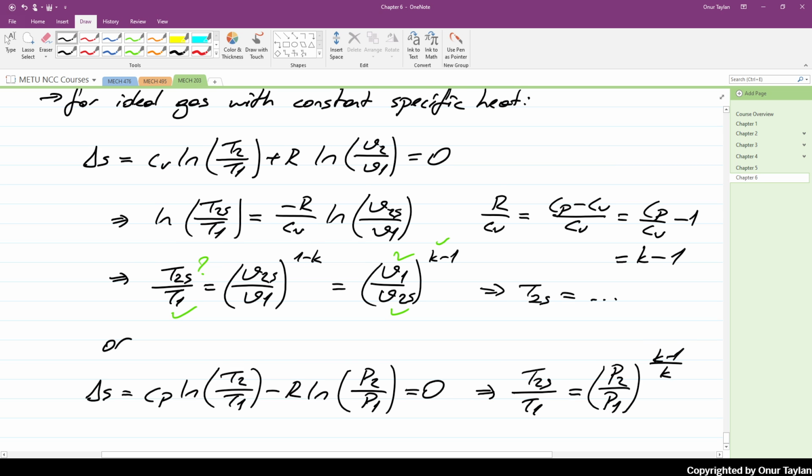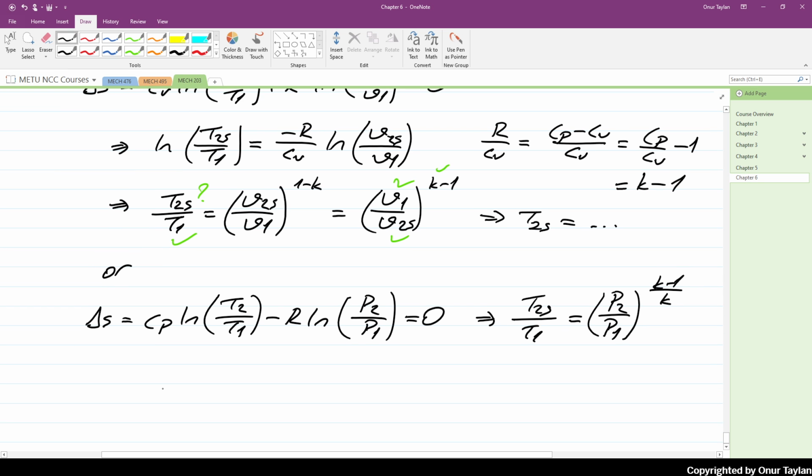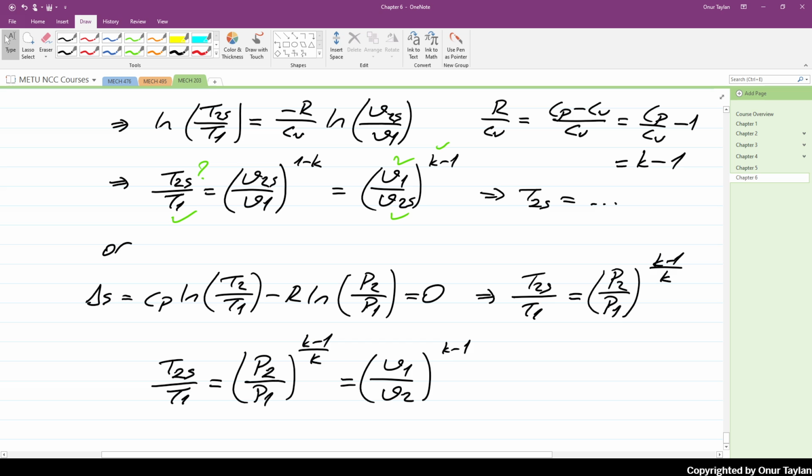If you combine these, T2s over T1 is equal to P2 over P1 to the power k minus 1 over k, which is equal to v1 over v2 to the power k minus 1. So this relation is important.